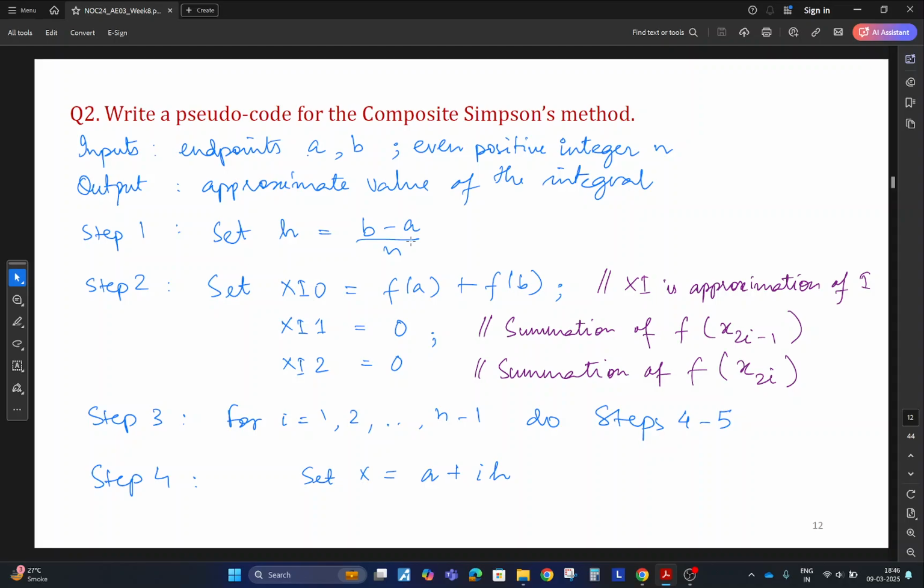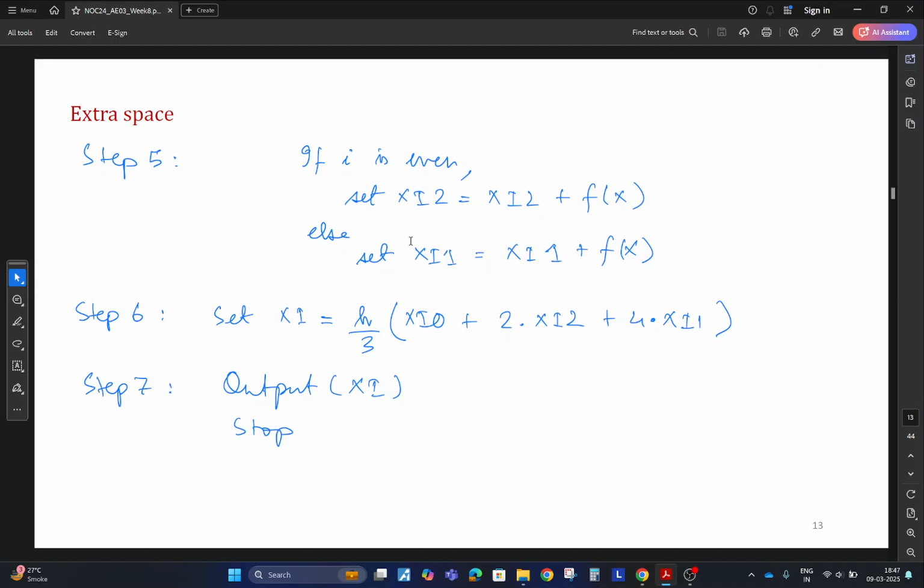In the third step, we start a loop for i equals 1, 2, 3 till n minus 1, and we loop through steps 4 to 5. In step 4, we set the nodes, thus x equals a plus ih. In the fifth step, if i is even, we set xi2 equals xi2 plus f(x); otherwise, we set xi1 equals xi1 plus f(x).